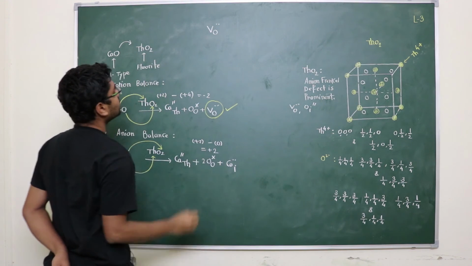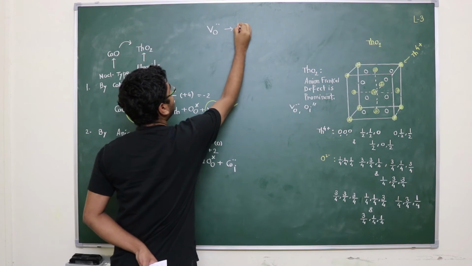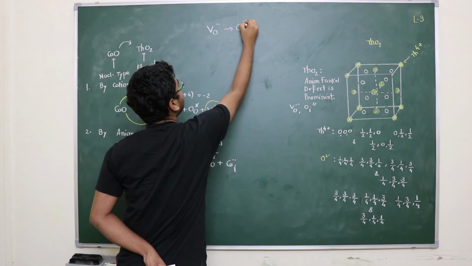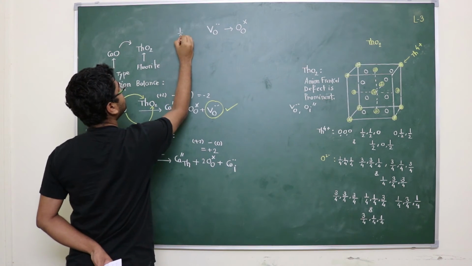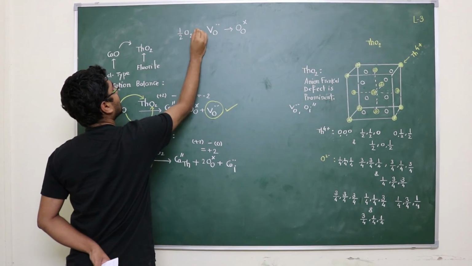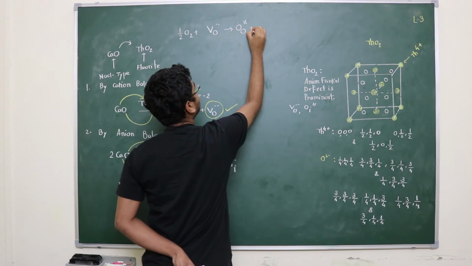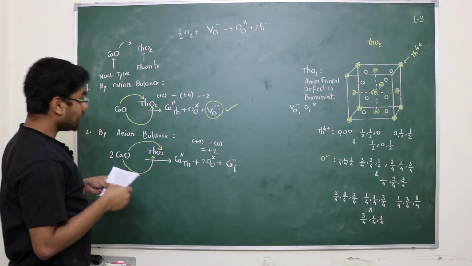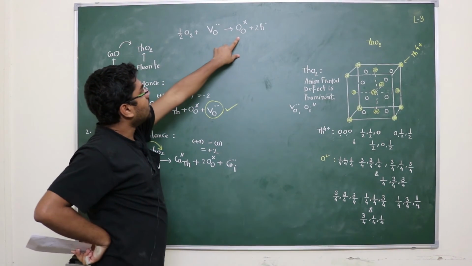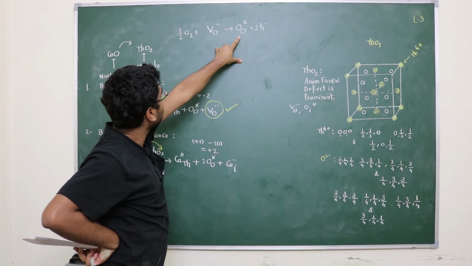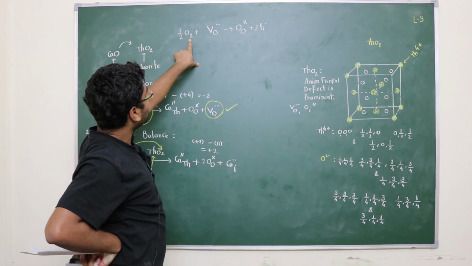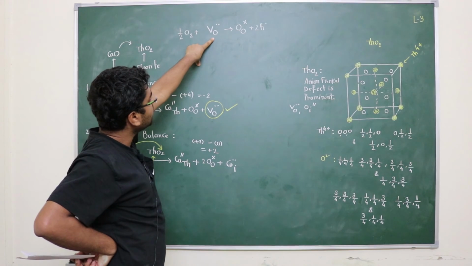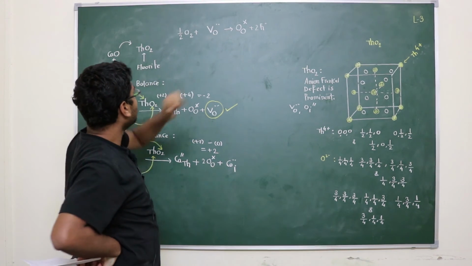Oxygen here, so we have to balance by oxygen, plus here is 2 positive charge, so the 2 holes will be here, right? So you can think in this way: the lattice oxygen is leaving the crystal and creating atomic oxygen, as well as leaving an oxygen vacancy in the crystal structure.